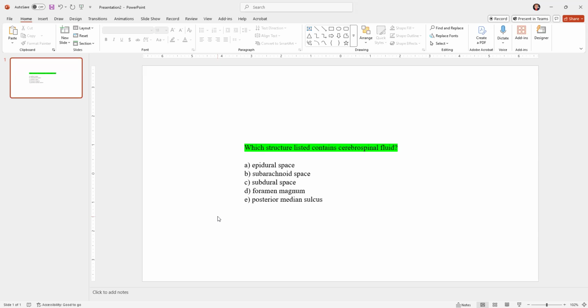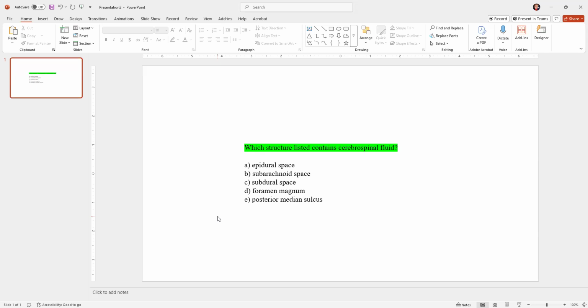Remember, CSF is found both inside the cranial cavity and in the spinal column, correct? Mm-hmm. The spinal column has an epidural space. The cranium does not. So CSF cannot be in your epidural space, right? Gotcha. Right. The spinal cord does not have a subdural space, but the cranial cavity does.